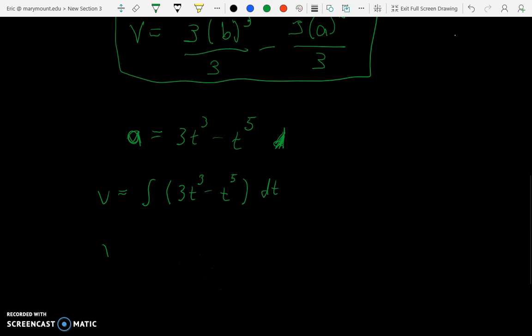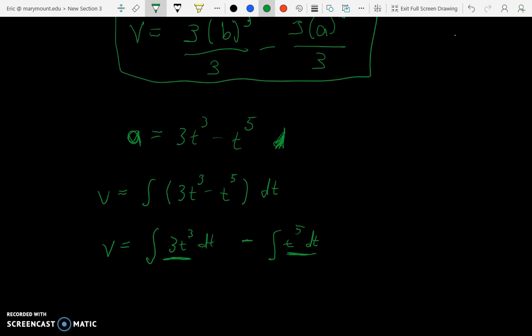So here I have two different terms, so I can actually separate these out. I can do the integral of 3t cubed dt minus the integral of t to the 5th dt. So I really have to apply that rule that we just talked about twice, once for 3t cubed and once for t to the 5th.